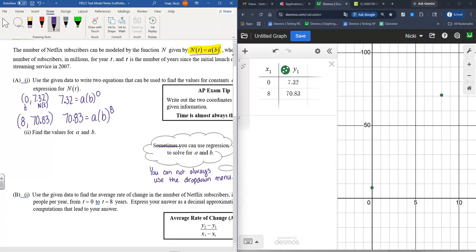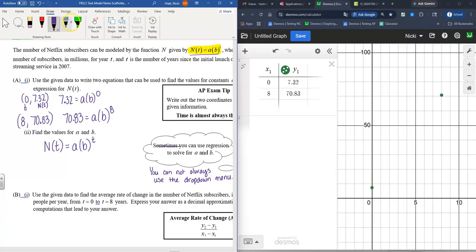There. So, start with that equation that they give you, right? So, whatever equation that they give you, we're going to start with that. But Desmos does not allow you to put in the t and the n of t, right? Not in that table. Desmos has x1 and y1. Okay?